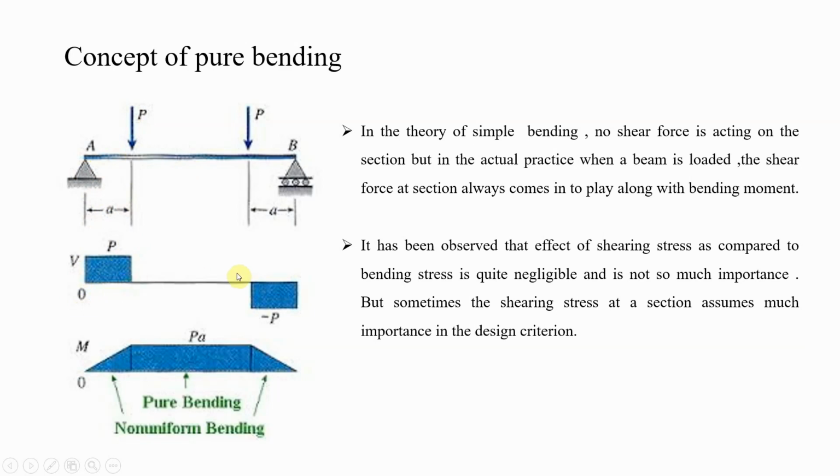Between this point load and that point load the shear force remains constant, and again the shear force changes sign from 0 to minus P. So if you observe this SFD, between these two point loads there is no shear force. Means this portion of the beam is taken as pure bending, that is purely bending action and not a shear action.